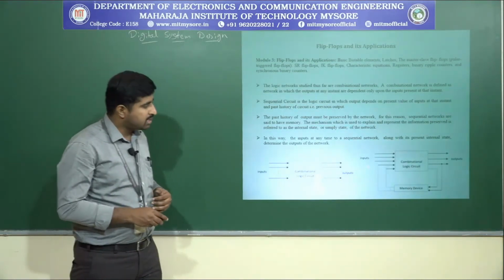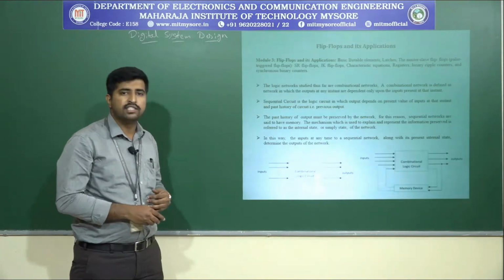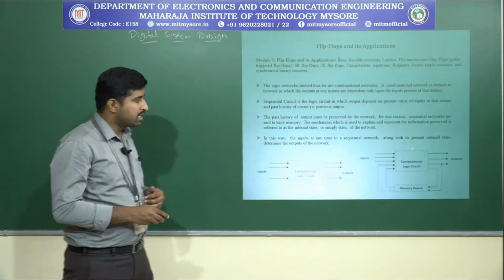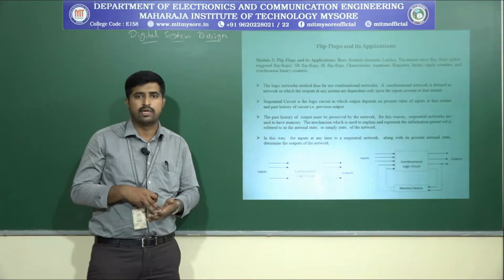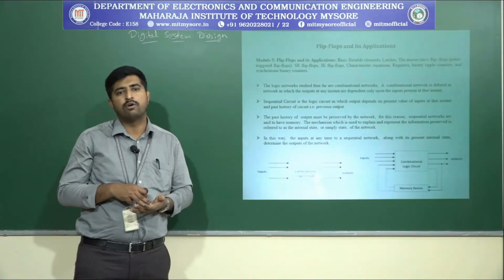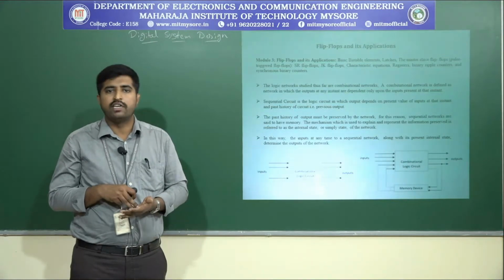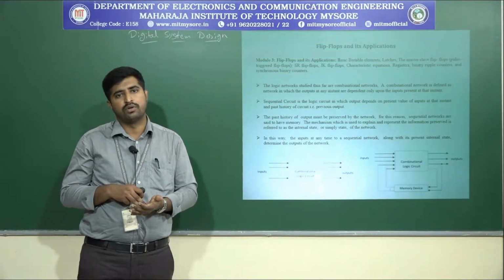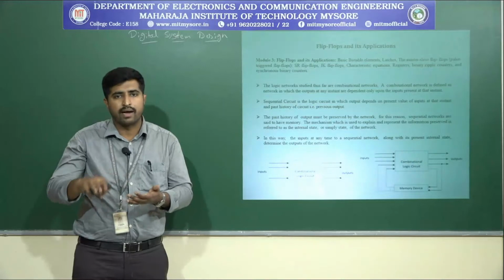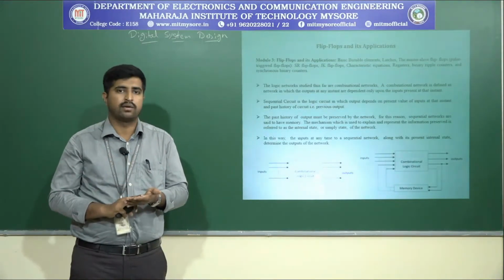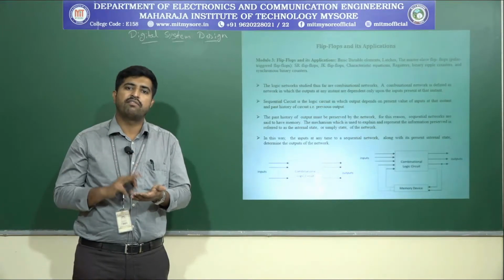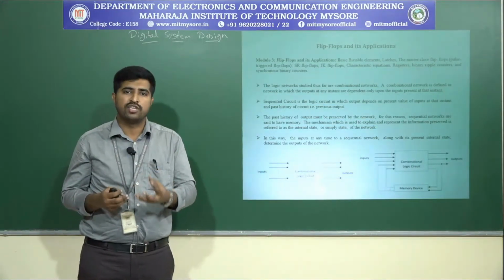This is a block diagram we can use to represent a sequential circuit. A sequential circuit also consists of a combinational circuit, but its output depends even on the past output, so it will have a feedback. So it has a memory and a feedback. A circuit which has feedback and memory is a sequential circuit.